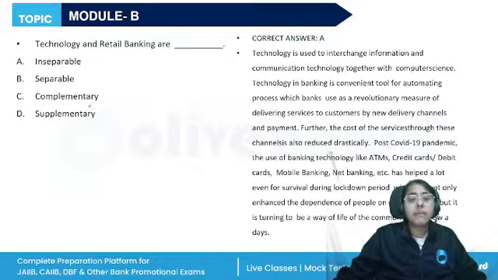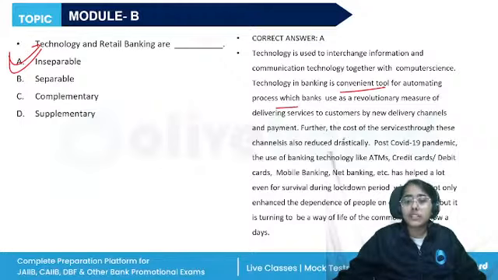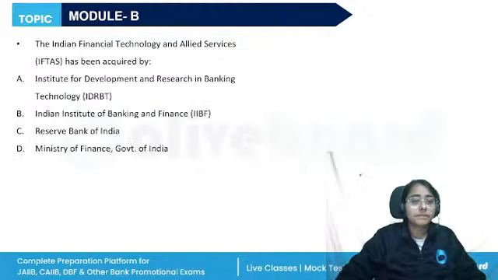So technology and retail banking are inseparable. Why? Because technology is convenient for automating the process, providing the customers new delivery channels and payment. Cost of services has also reduced. Use of banking technology like ATMs, credit cards, mobile banking has also increased.